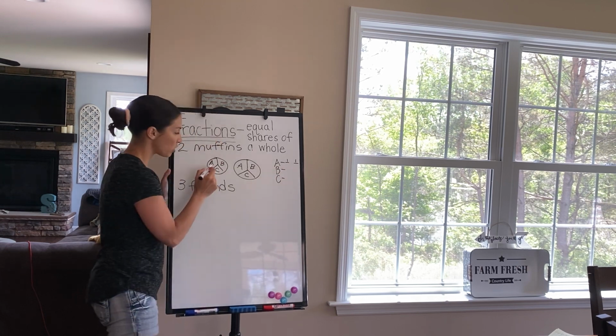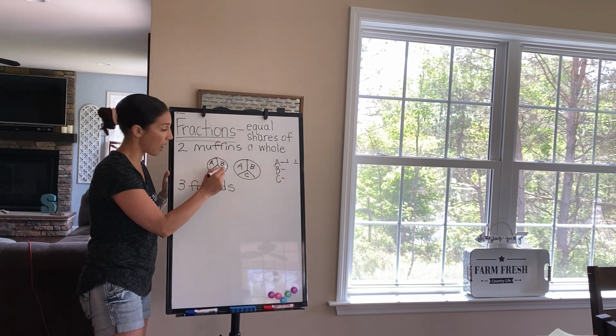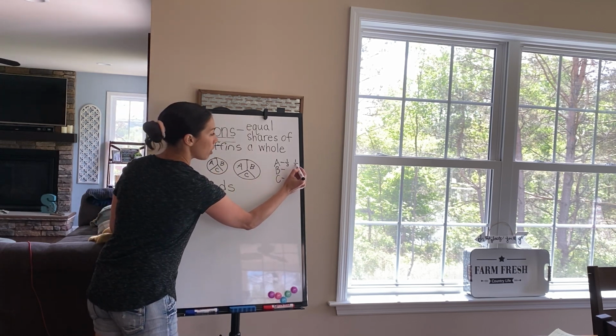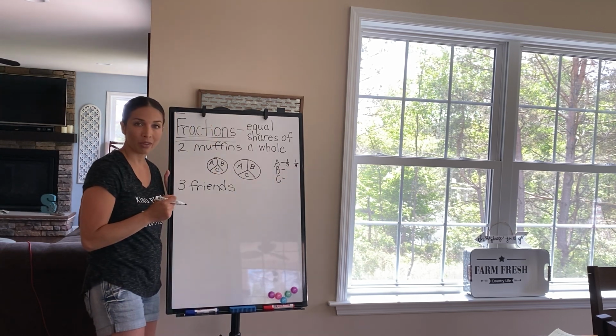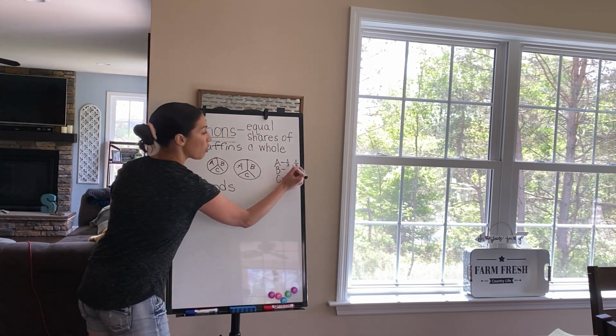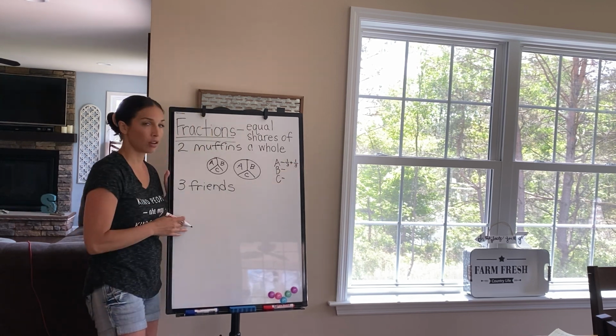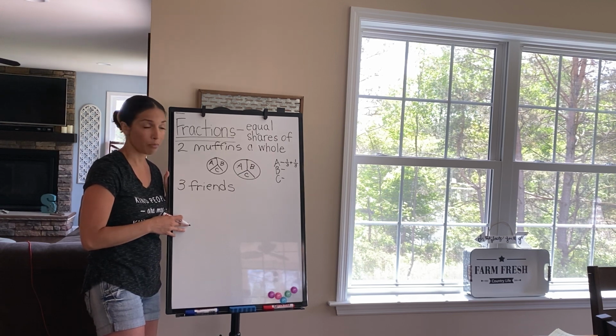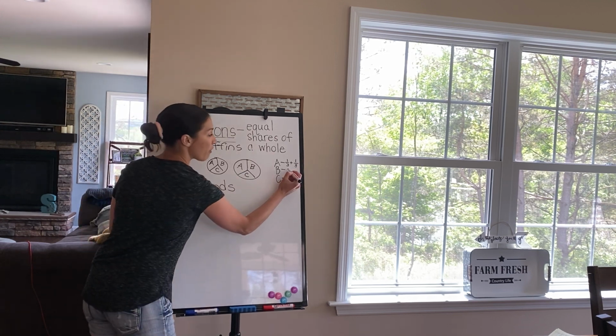How much did they get out of this? 1 out of how many? 1, 2, 3. 1/3 and 1/3. So if you add that together, they got 2/3 of the muffins. And that's the same for everybody.